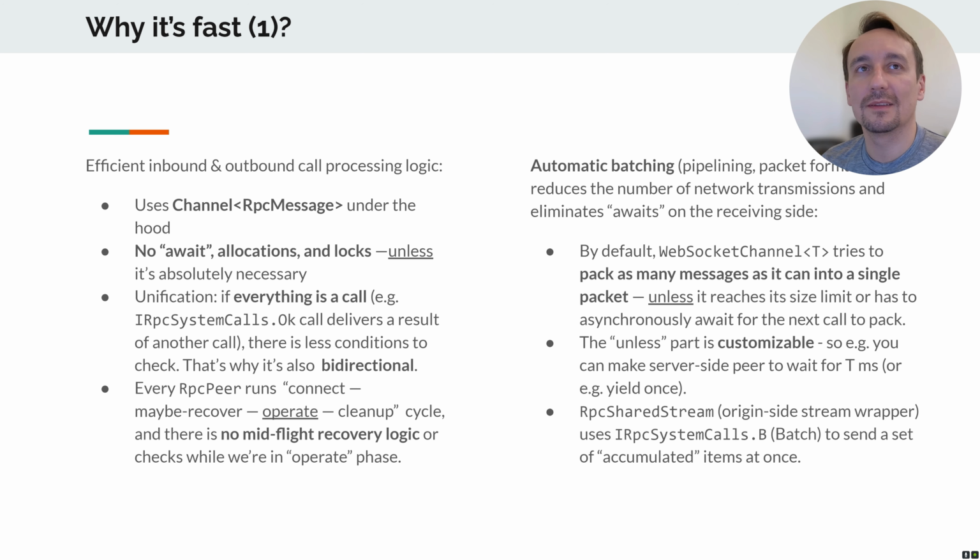If you never use them, then you should learn about them. They allow you to create really nice pipelines. Automatic batching is basically a piece of code that awaits new messages on a channel, and while it can get these messages synchronously, it packs them into a single networking packet, or until it hits a certain size threshold, but this piece is even customizable.